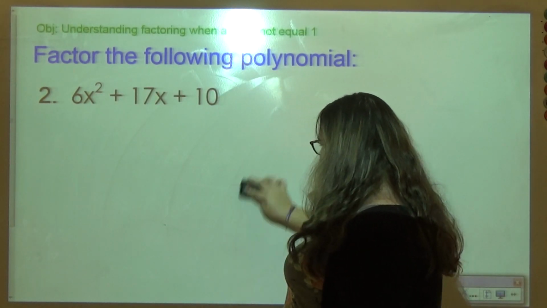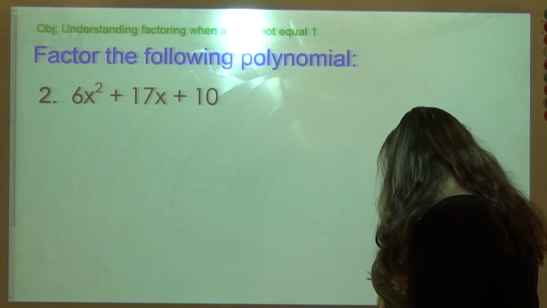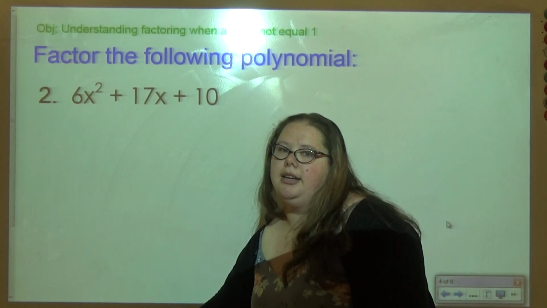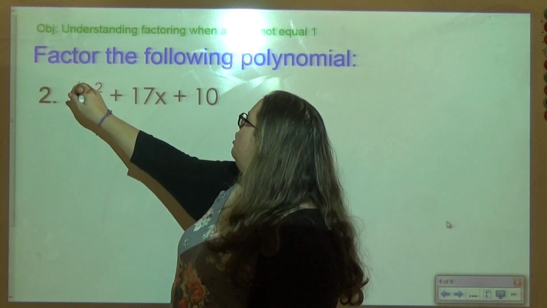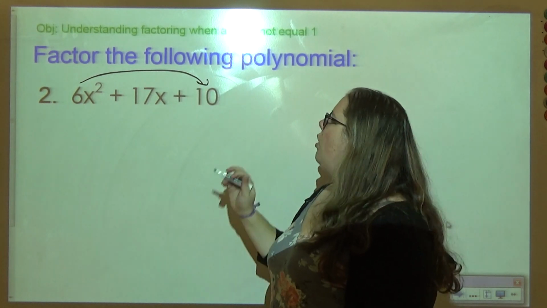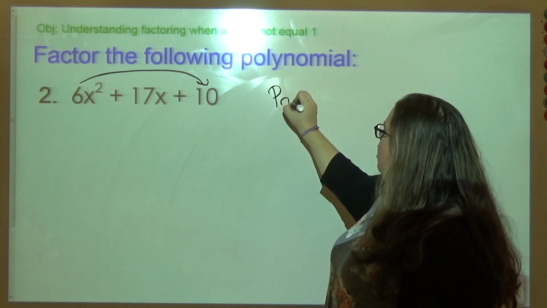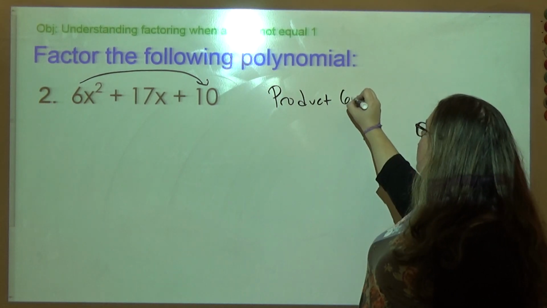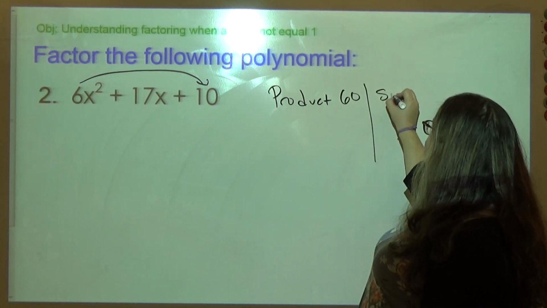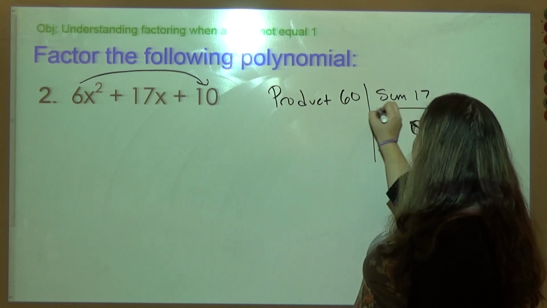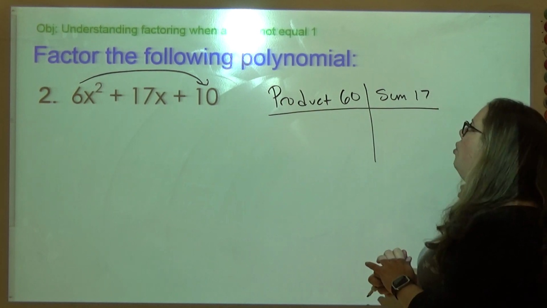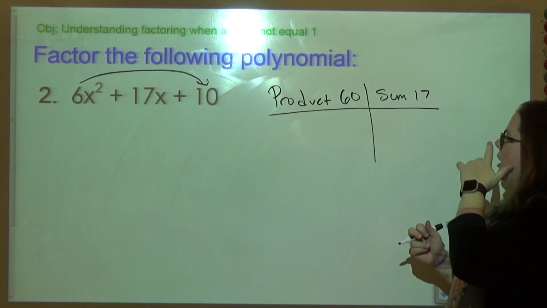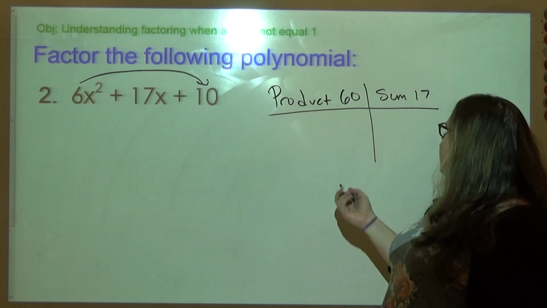All right, so we're going to start by sliding my 6 to the back to get my new product. So I'm going to do a product of 6 times 10, which is 60, and a sum of 17. So what numbers multiply to 60 and add to 17?